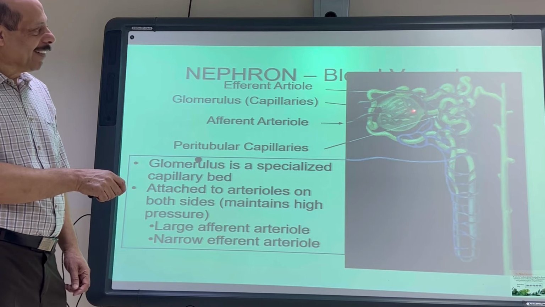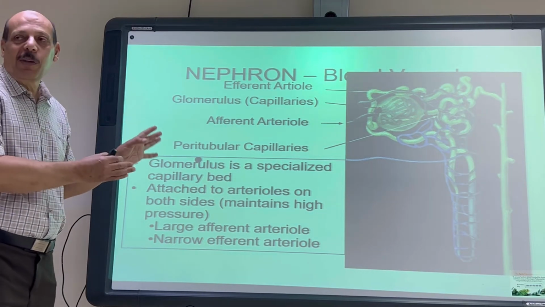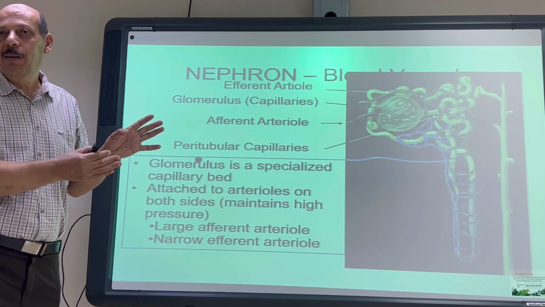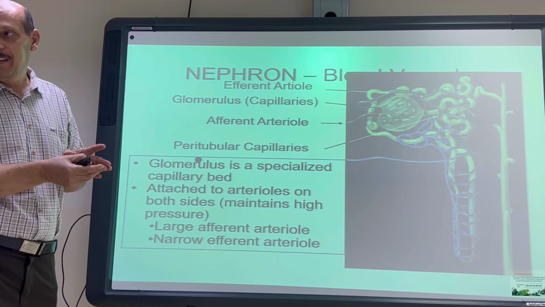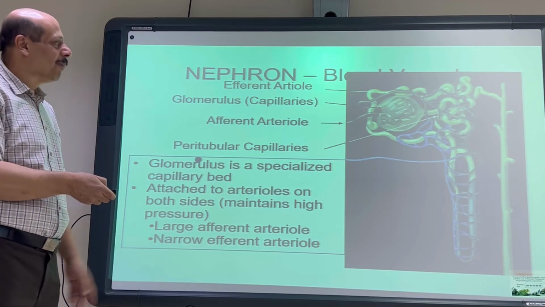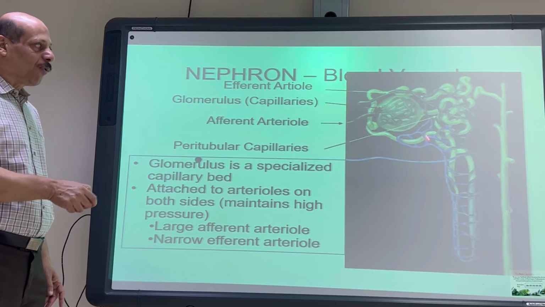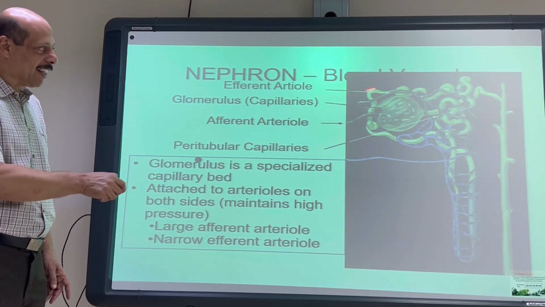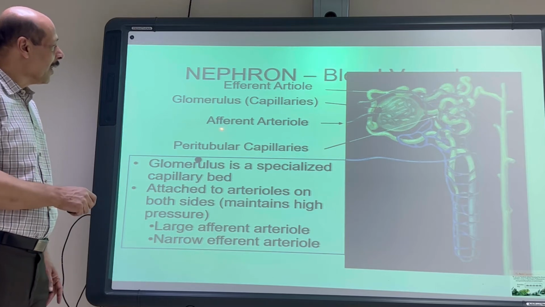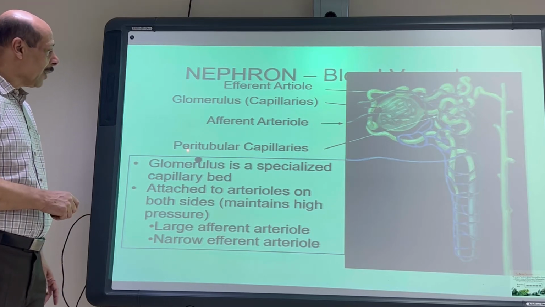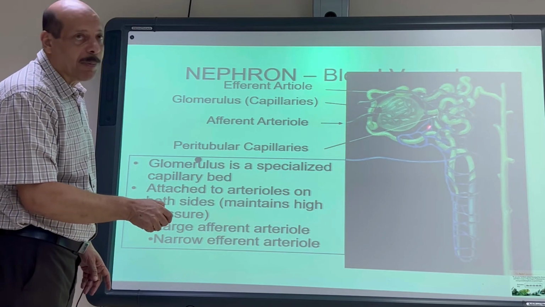When it is near, we call it proximal. So it is the proximal convoluted tubule. This one, which is far, is called the distal convoluted tubule. So this is the proximal convoluted tubule, and here the peritubular capillaries are going around this part.